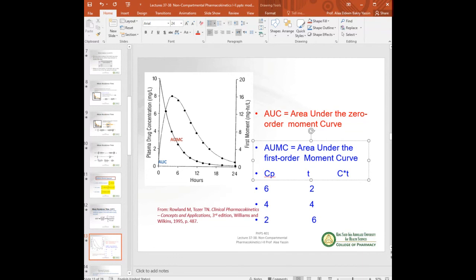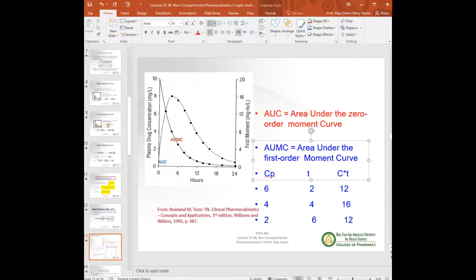CT for this point is 12: C is 6 by 2, 12. 6 by 4 is 16. 6 by 2 is again 12. And so on. So you built a new y-axis called C by T, which is the first moment curve.